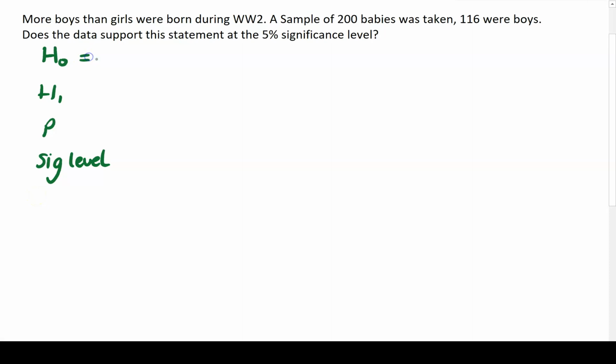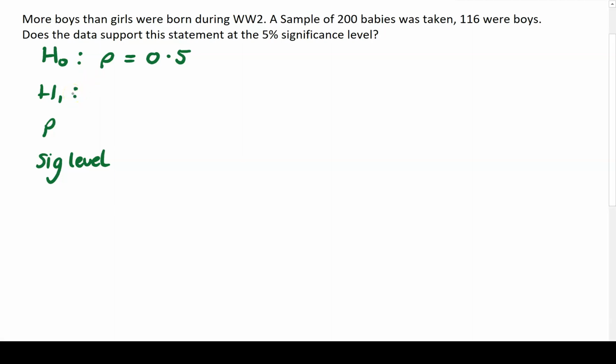So H0, no change. Well, it should be 50-50. So the proportion, I shouldn't put an equals there, it should be a colon. The proportion is 50-50. So the probability, if you like, should be 50-50 girls and boys.